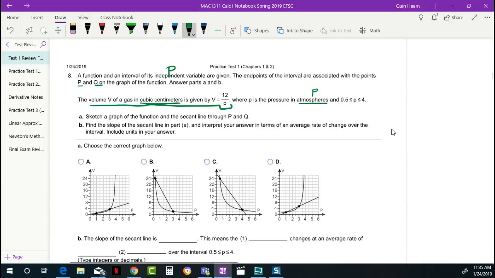And remember they mentioned endpoints of an interval. So here the interval that we're looking at is from 0.5 to 4. And it asks us to sketch a graph of the function and the secant line through P and Q. All a secant line is a line through 2 points on the function.